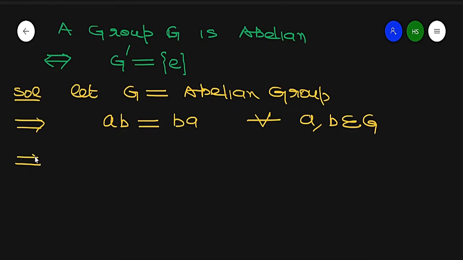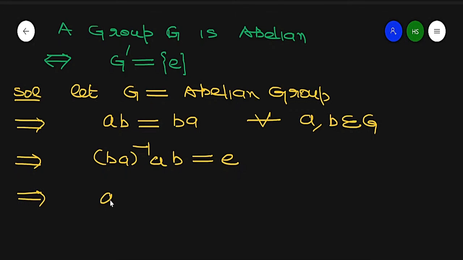So it implies, if I take this value, b inverse a inverse, ba inverse into ab is equal to identity.